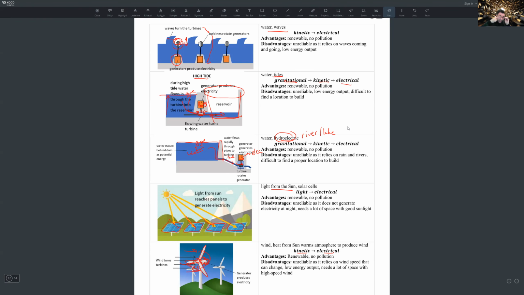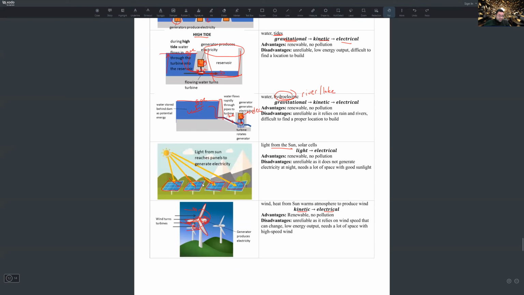It has to be raining. And sunlight, this is the easiest. The sun generates electricity in the morning, but not at night. That's easy. Wind turbines: if there's wind, they generate electricity, and even if the wind speed drops, they won't generate electricity. So it doesn't work there.